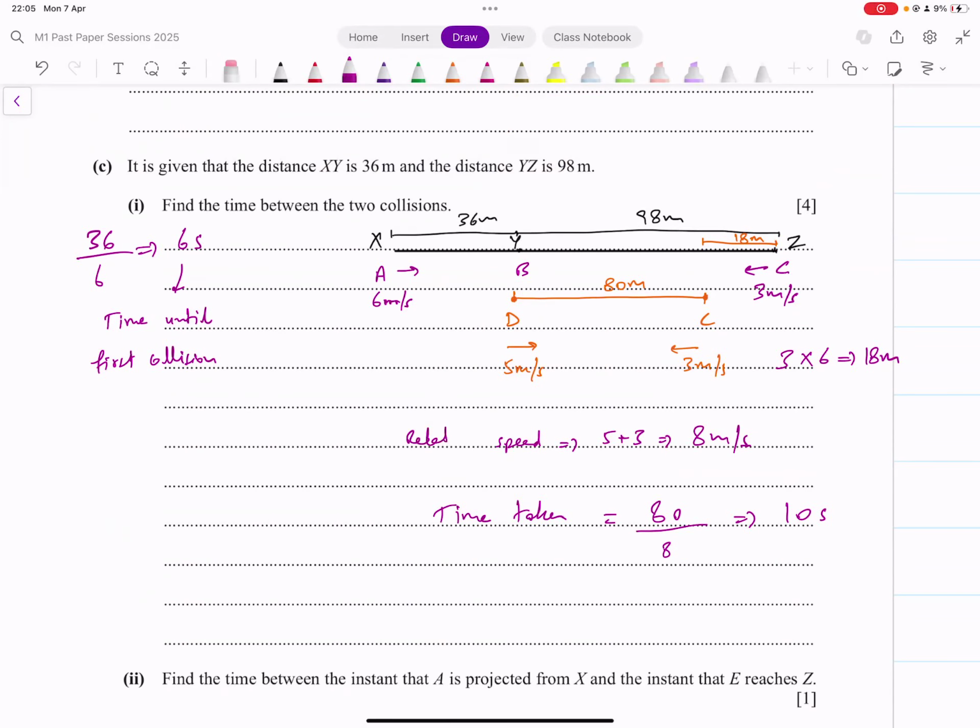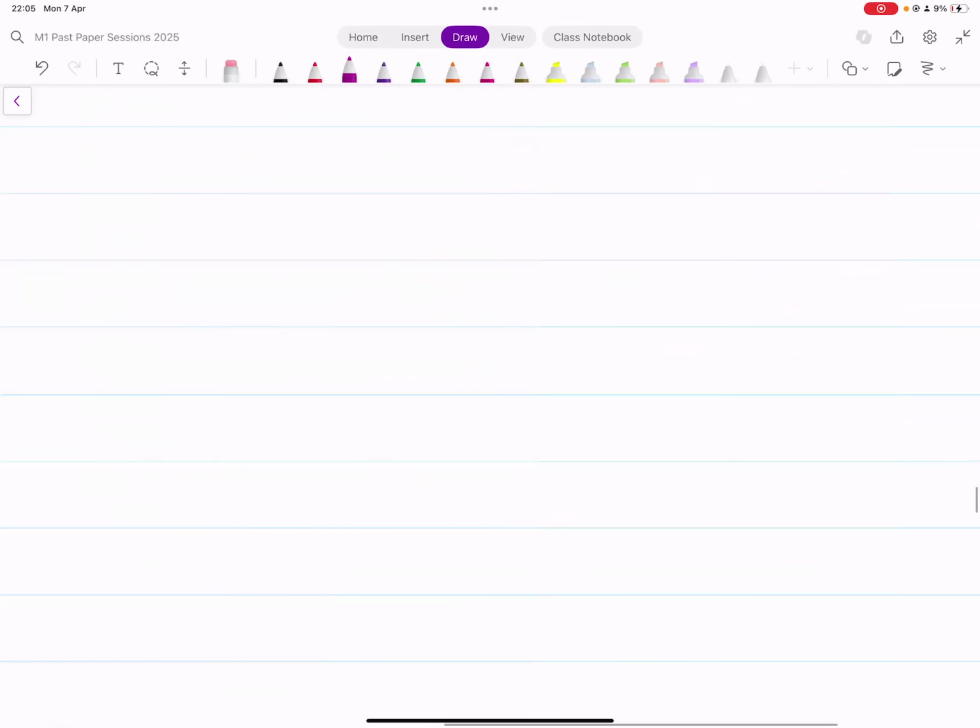Now think about this. Let's say you're standing here and another person is standing here. The distance between you two is 10 meters. The first person moves at 2 meters per second. The second person moves at 3 meters per second. How much time would it take for them to meet each other?